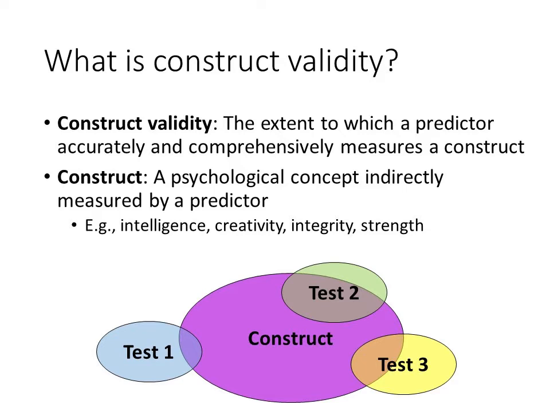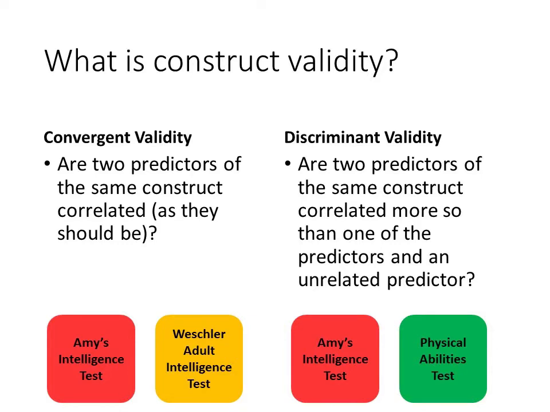There's a great deal of overlap between test 2 and the construct, which means that most of test 2 is in fact measuring the construct of interest, in our case, creativity. Test 3 is somewhere in the middle. There are 2 types of construct validity: convergent validity and discriminant validity.